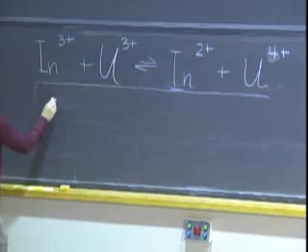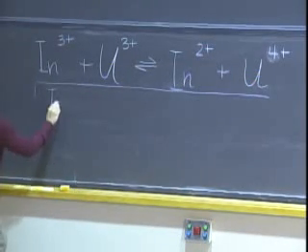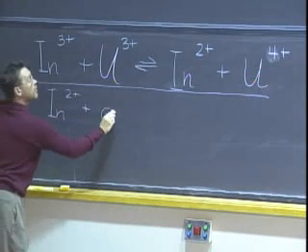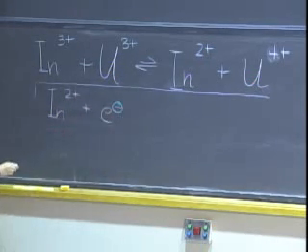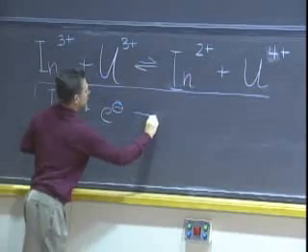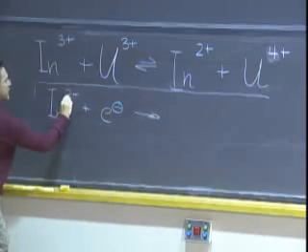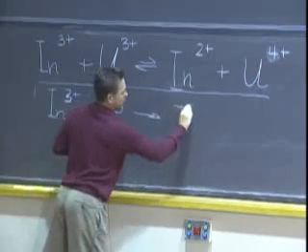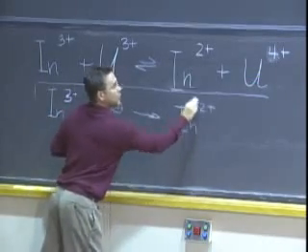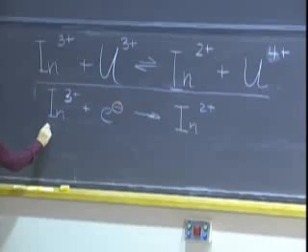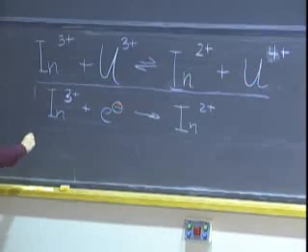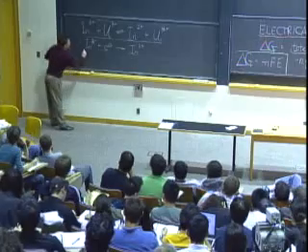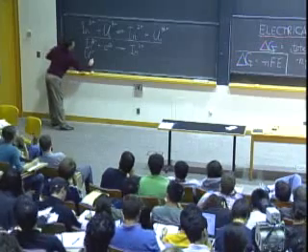And one of these half reactions is simply indium 3+ plus an electron going to indium 2+. And similarly, over here we have uranium 3+.